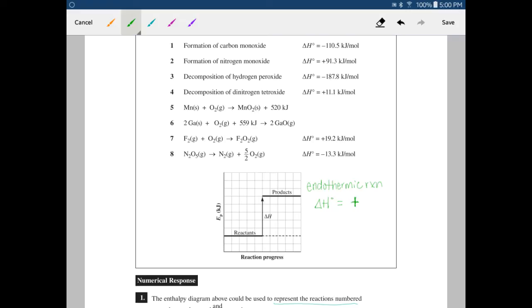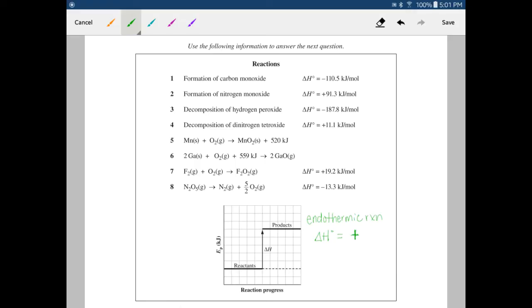So when I go to look at what answers could be possible, I know that I'm going to have an endothermic, it's going to be a positive, and we're going to see which ones it could potentially refer to. So formation of carbon monoxide has a negative enthalpy, no can do.